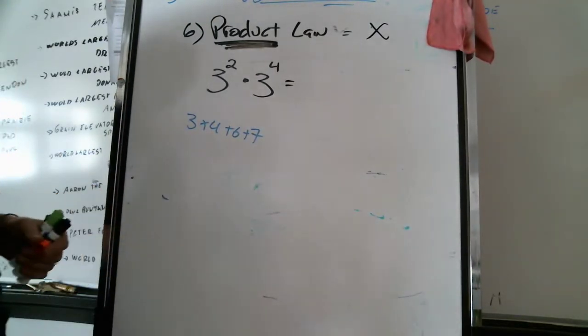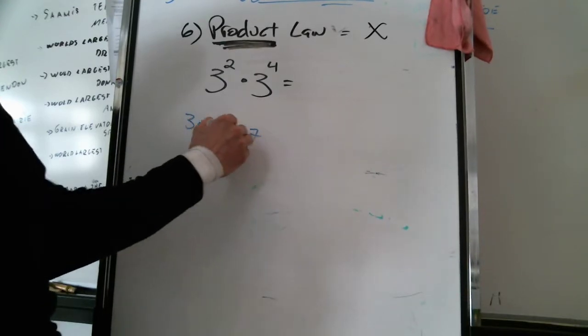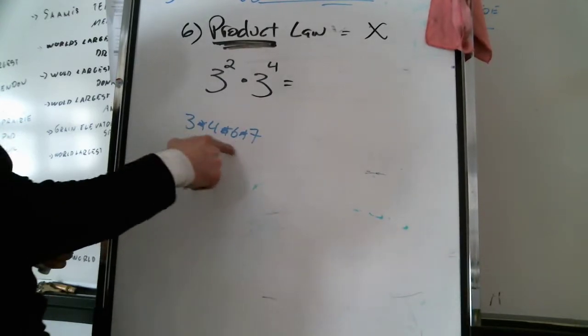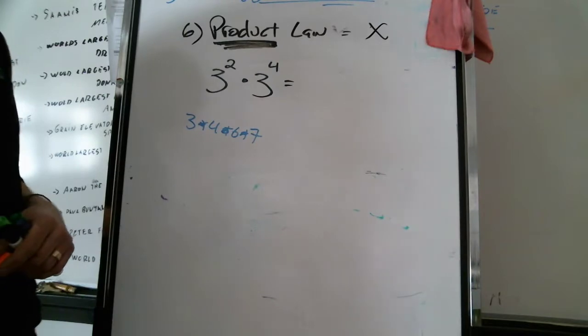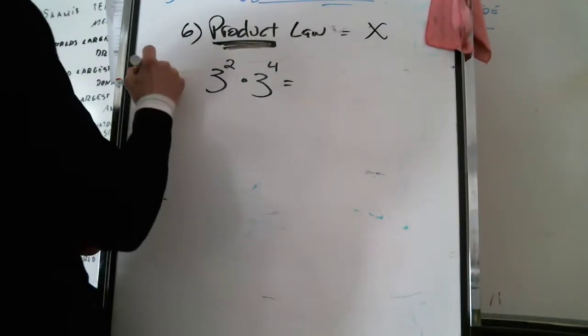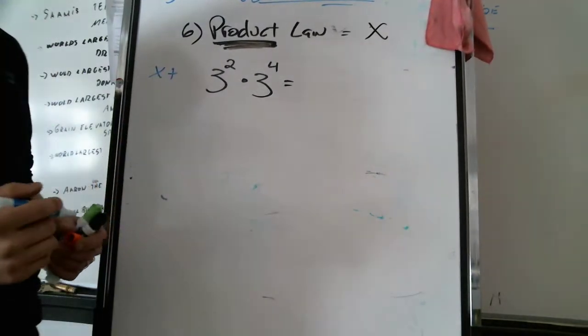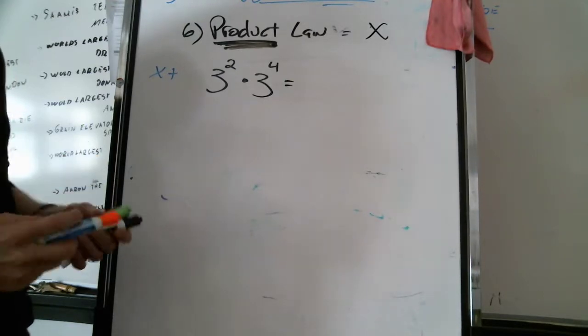I'm going to get the same answer. Same thing if these are multiplied. I can multiply 6 by 7, 4 by 6. I'll end up with the same answer. It only works for multiply and add. Those are the only 2 that work.